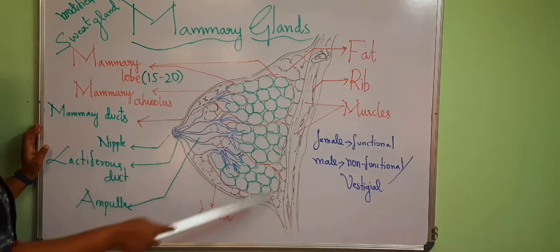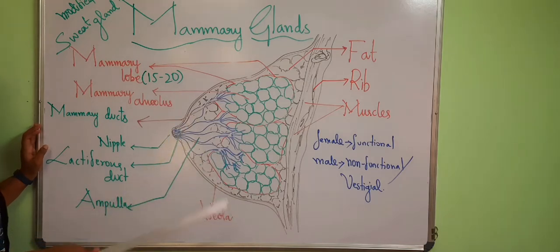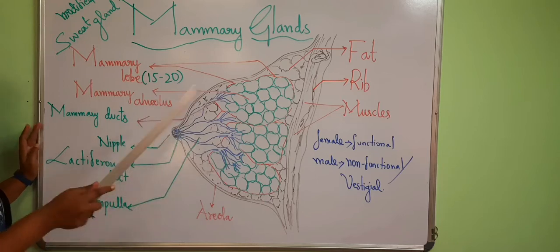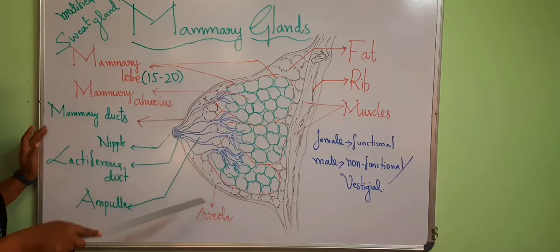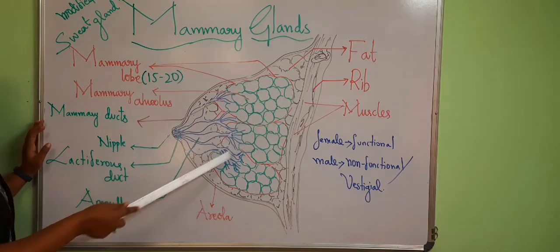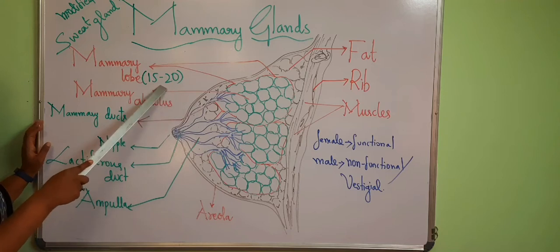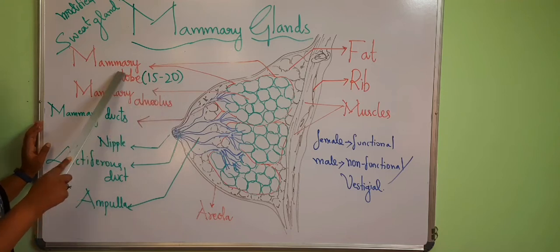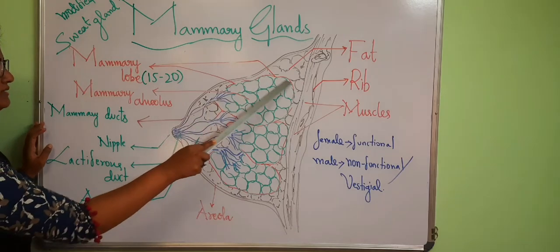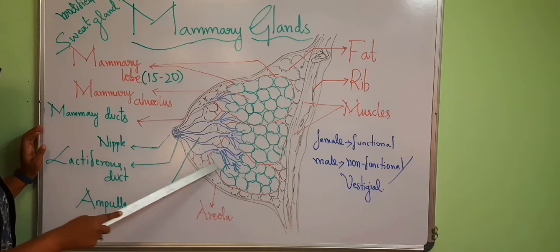The tissues are arranged as lobes, and within the lobes are alveoli, ducts, etc. Within each mammary gland, that is, a breast, there are 15 to 20 mammary lobes. I have drawn 3 lobes here, which you can see.